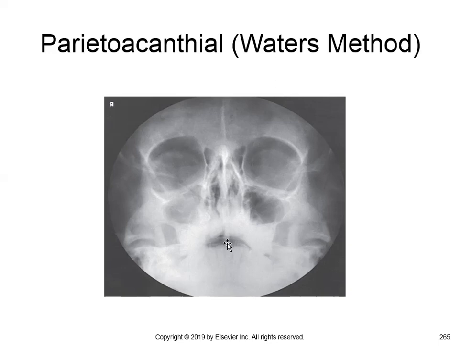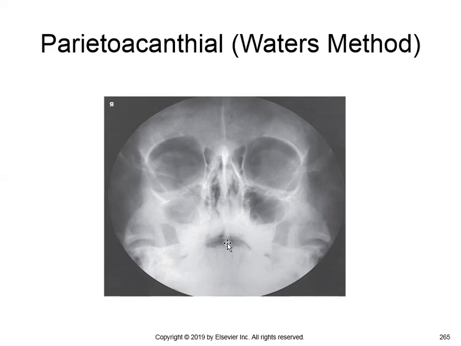But the other thing with the open mouth Waters is you don't want to position the patient for this projection and then have the patient open their mouth. Because in the 37 Waters, you're going to put the chin up against the image receptor.